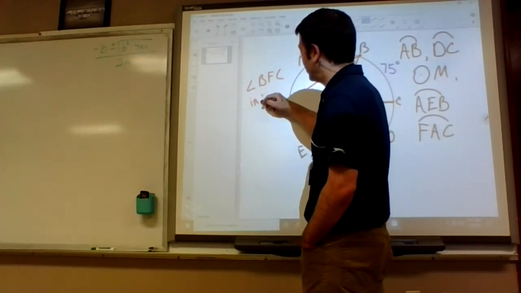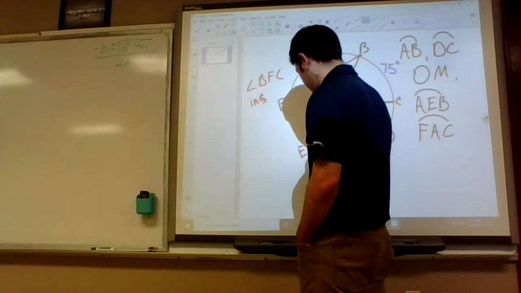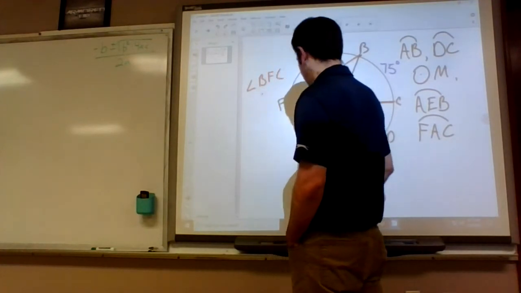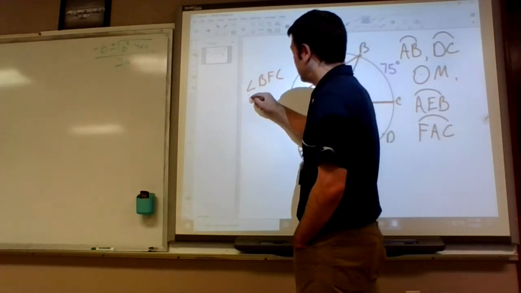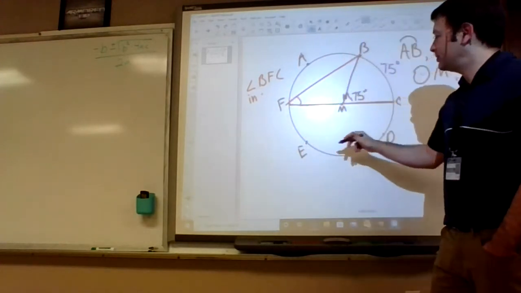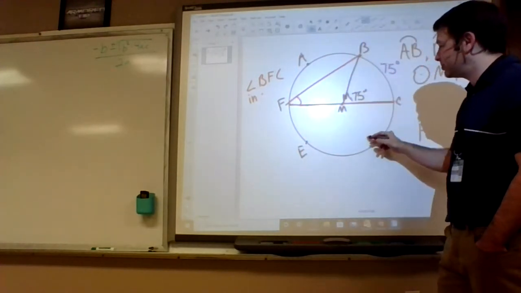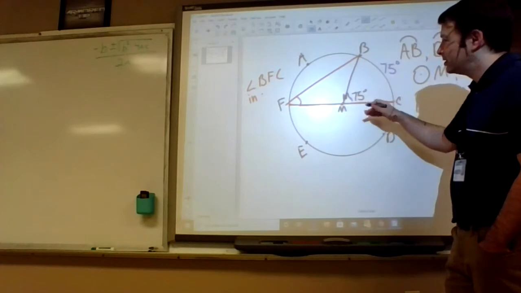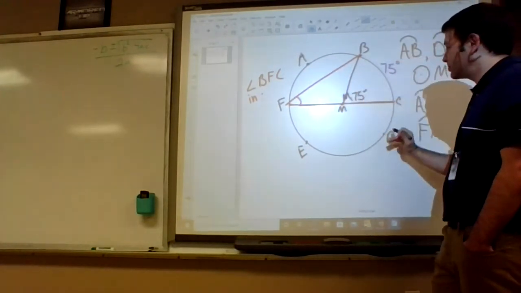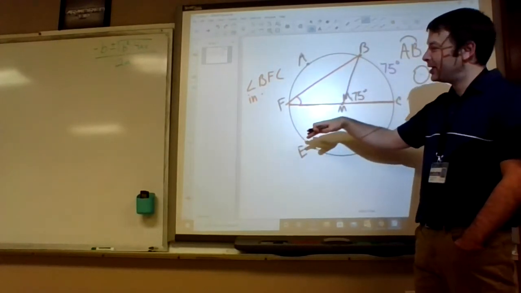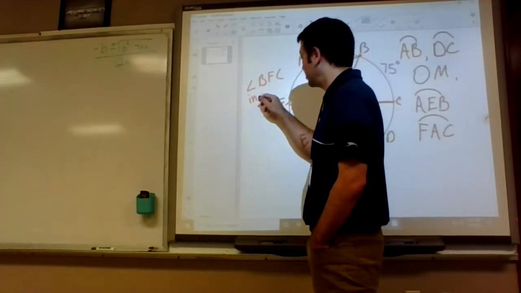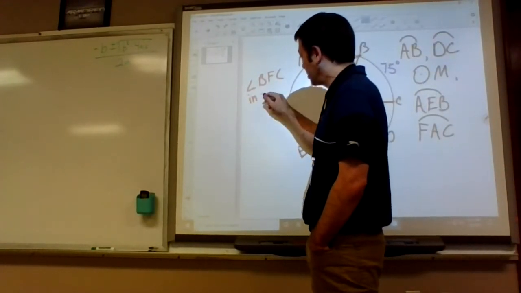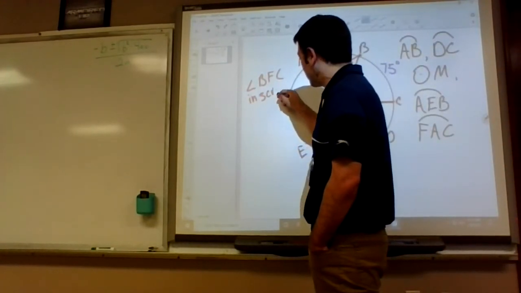Well, you guys remember the word inscribed? Gosh, my brain's all over the place. If you draw a triangle inside the circle, that would be an inscribed triangle. Inscribed just means drawn inside. Literally means in drawn.